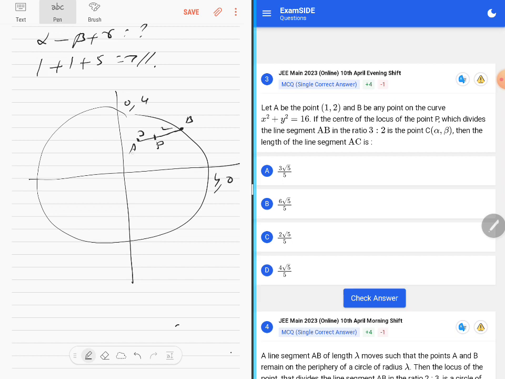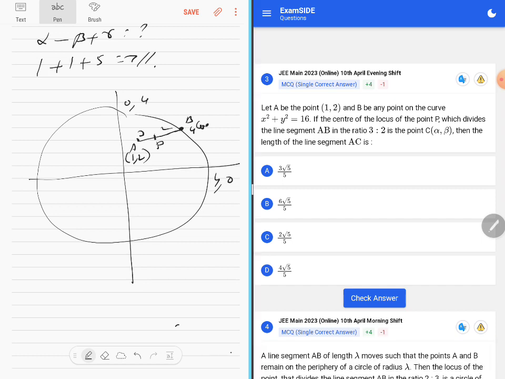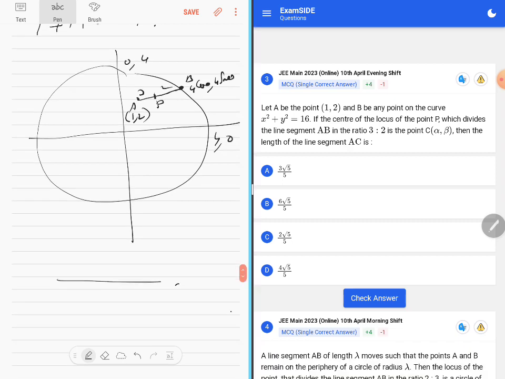Okay, so you know that the point A is (1, 2). You don't know what the point B is, but you know any point on the circle is r cos theta, r sin theta, so it's (4 cos theta, 4 sin theta). So let's take this line separately, which is A, and this is B. You have (1, 2) and this is (4 cos theta, 4 sin theta). A point P divides it in the ratio 3:2.